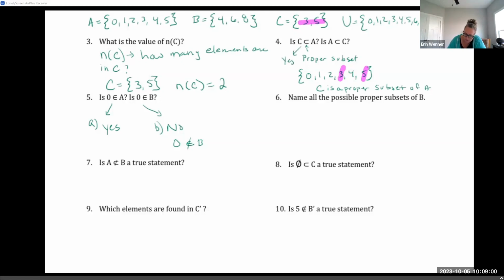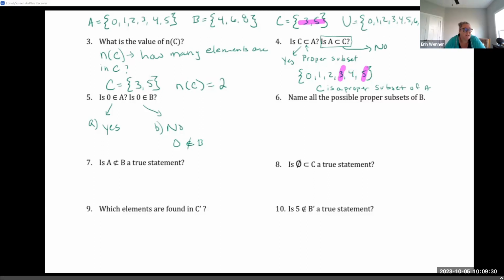But the second question here, is A a proper subset of C? The answer is no, because A is bigger than C, right? If we look at those two sets, A has more numbers in it than C does. So A cannot be a proper subset of C because everything in A is not contained in C, right? It's bigger, so it can't be.